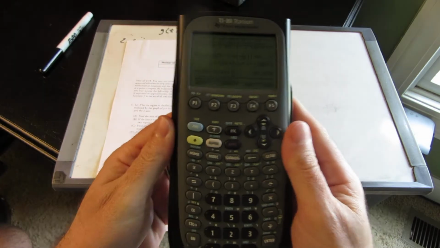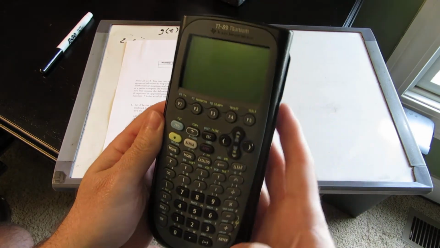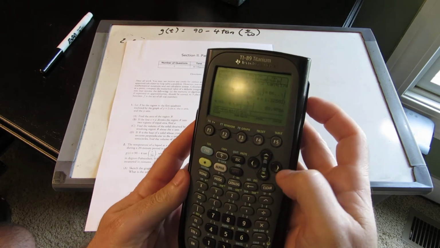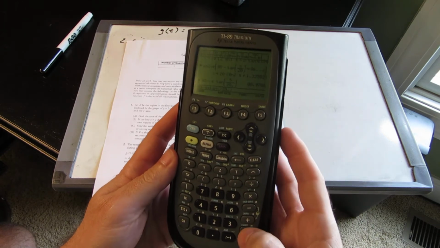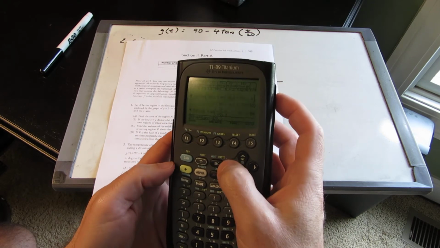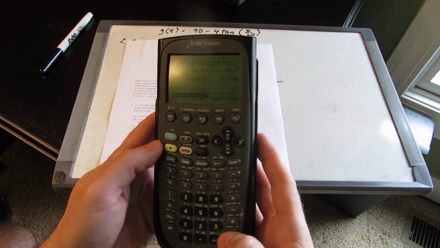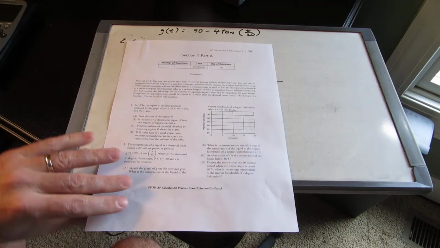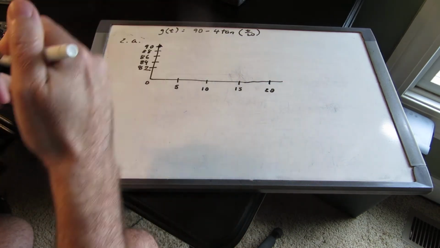Okay, so I've typed in the function. So at 0 over 20 it is 90. So we'll plot that. So at 0 we're at 90.